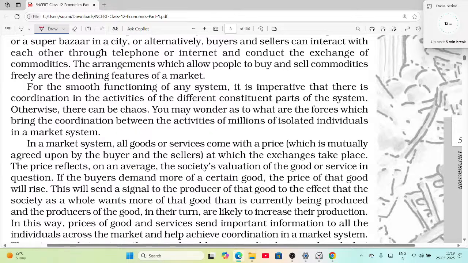In such a system, it is imperative that there is coordination in the activities of the different constituent parts of the system. Otherwise, there can be chaos.